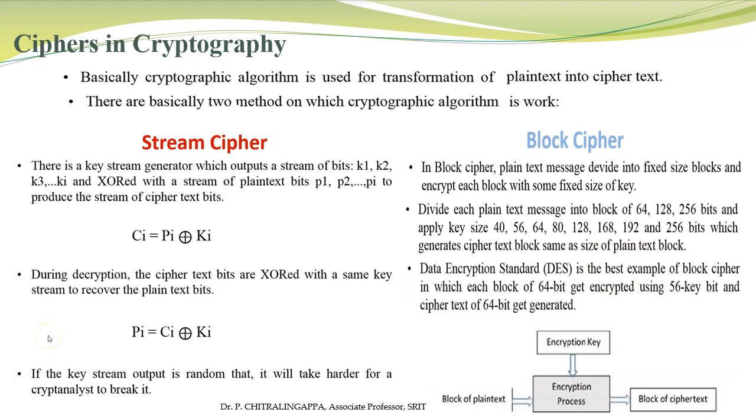In the stream cipher, data is converted bit by bit, whereas in the block cipher, a block of bits is converted into ciphertext. There are fixed size blocks like 64, 128, 256 bits. Each block is converted with a key, with different key sizes such as 40, 56, 46 bits.